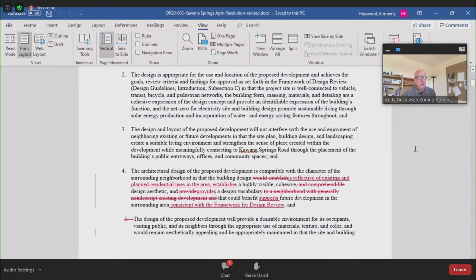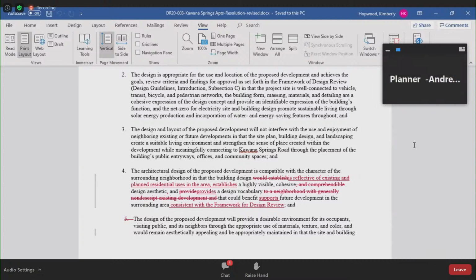And I think we can make a clear statement here that this project is residential, which is reflective of existing residential uses in the area. But importantly, it's of a residential type and density that is planned for by the city through its general plan, and also that is expressed through the design review guidelines. And I think that the changes here would be more precise.